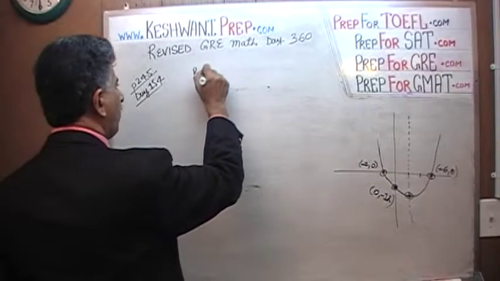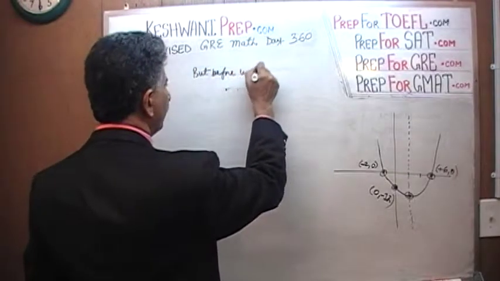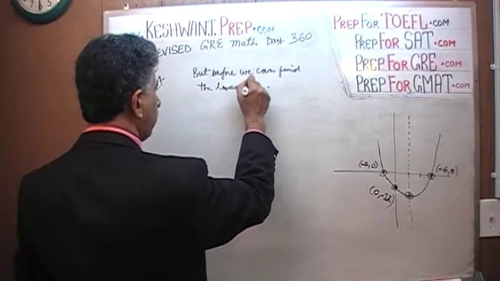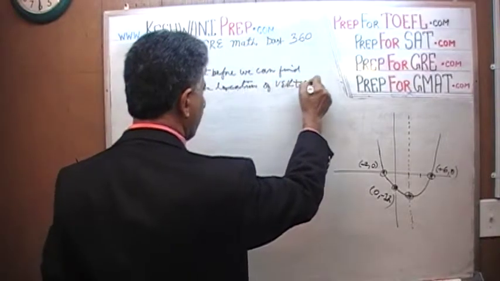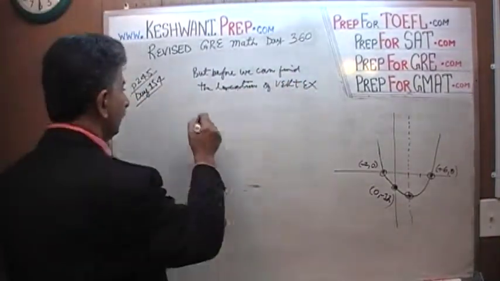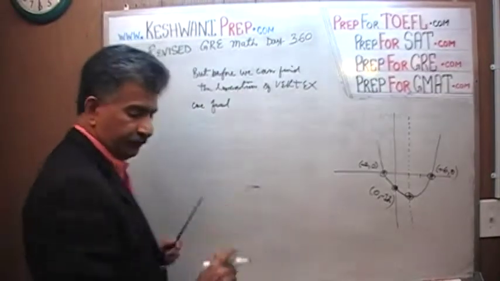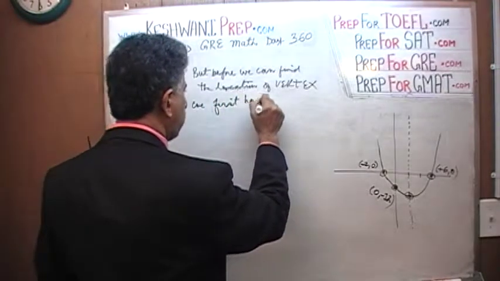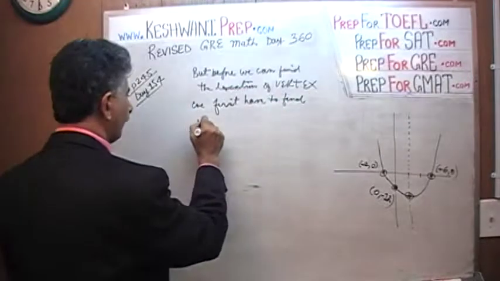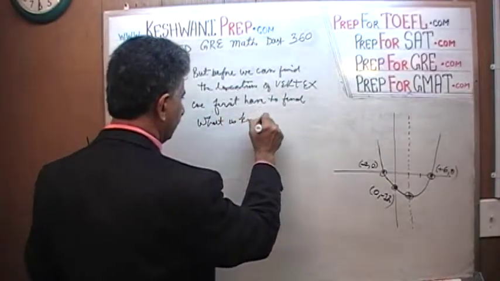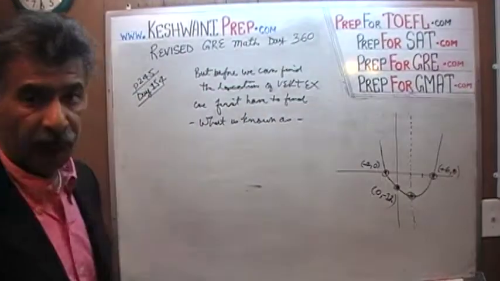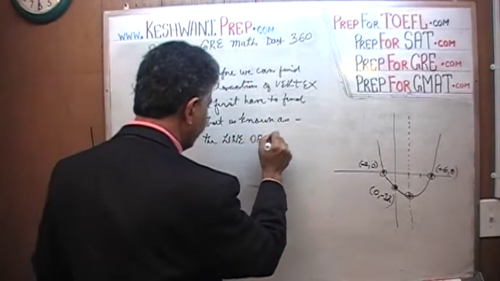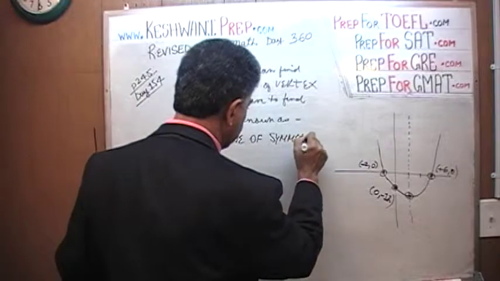But before we can find the location of the vertex, we first have to find what is known as the line of symmetry.